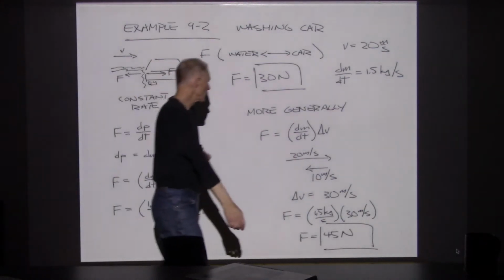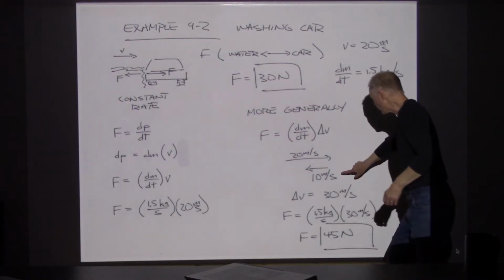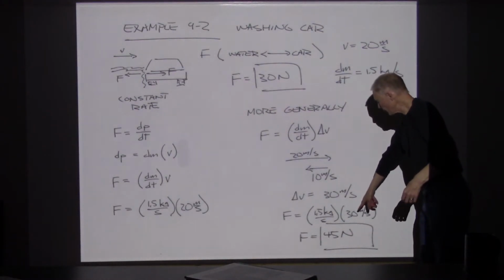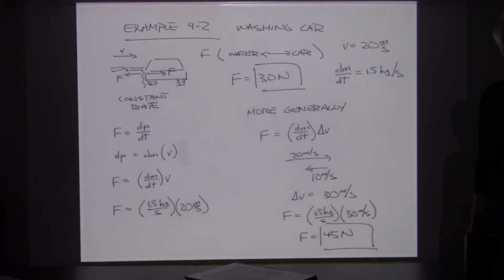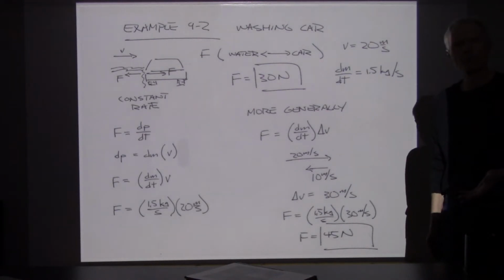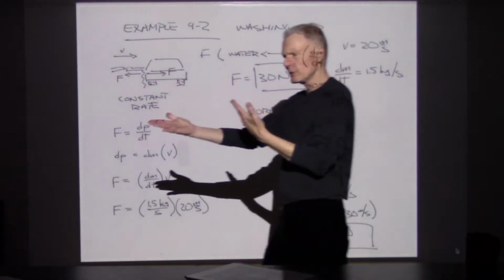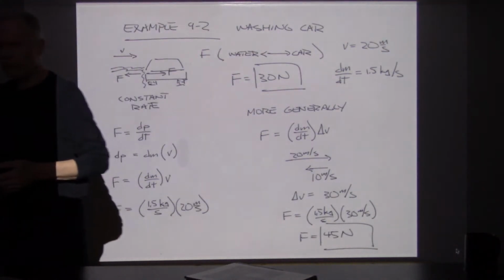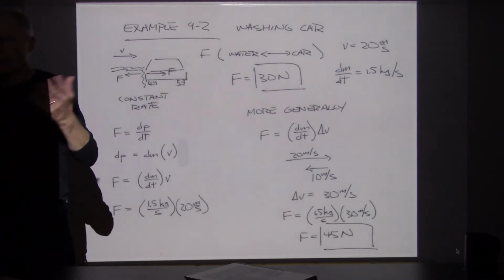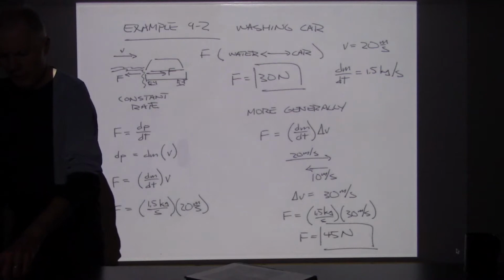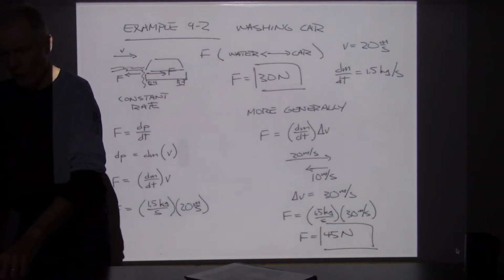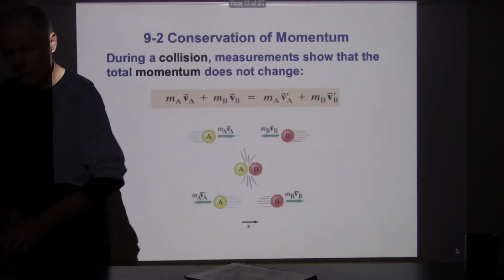And so in this case, the delta V would be 30 meters per second, and that would mean a force of 45 newtons. So we have to look and see, it's going to depend on the elastic properties of whatever the collision is happening with. If, I don't know, the car is springy or something, you have to think about how the water could bounce off the car with a higher speed.